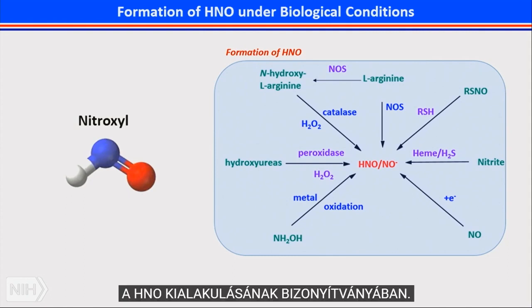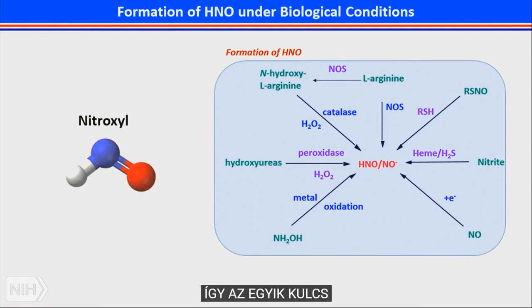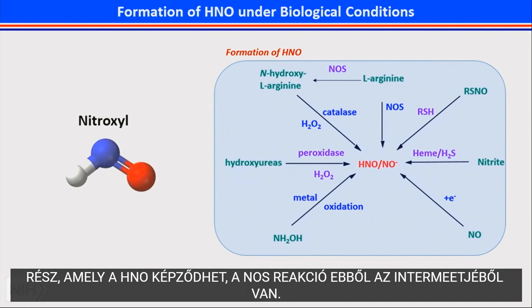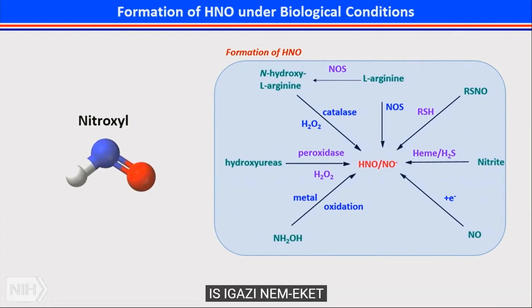HNO. So one of the key pathways by which HNO can form is from this intermediate of the NOS reaction, L-hydroxy-L-arginine, which is also known as NOHA, and this can undergo oxidation to form HNO. Also, it can form through NOS when there is a lack of tetrahydrobiopterin, which is a cofactor for this enzyme.